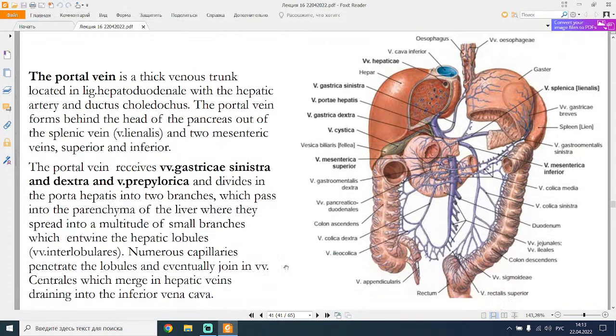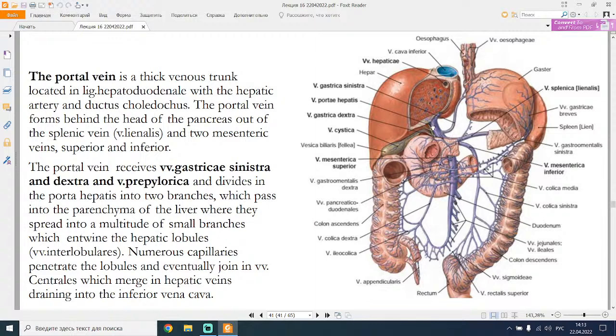The portal vein is a thick venous trunk located in the ligamentum hepatoduodenale with the hepatic artery and ductus choledochus.